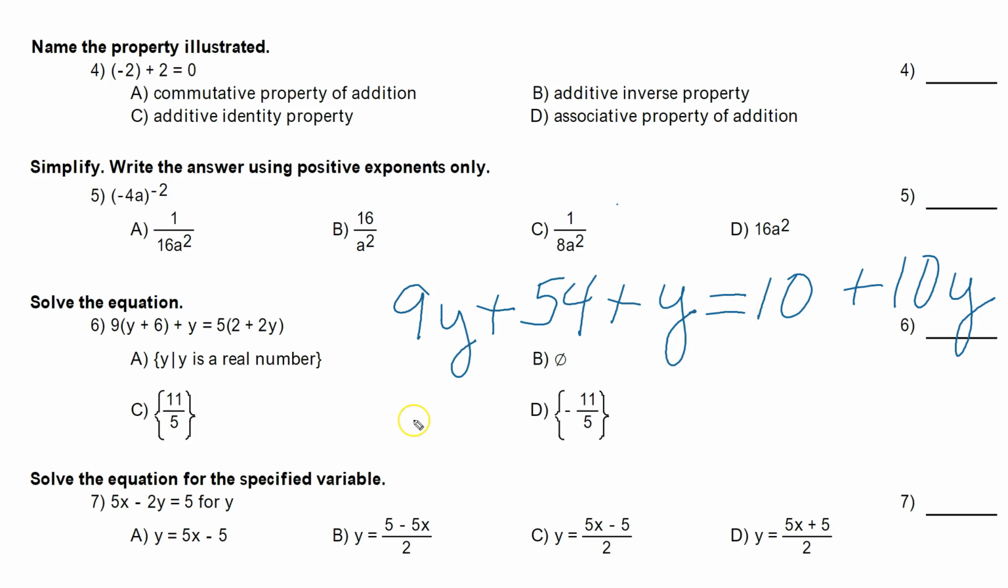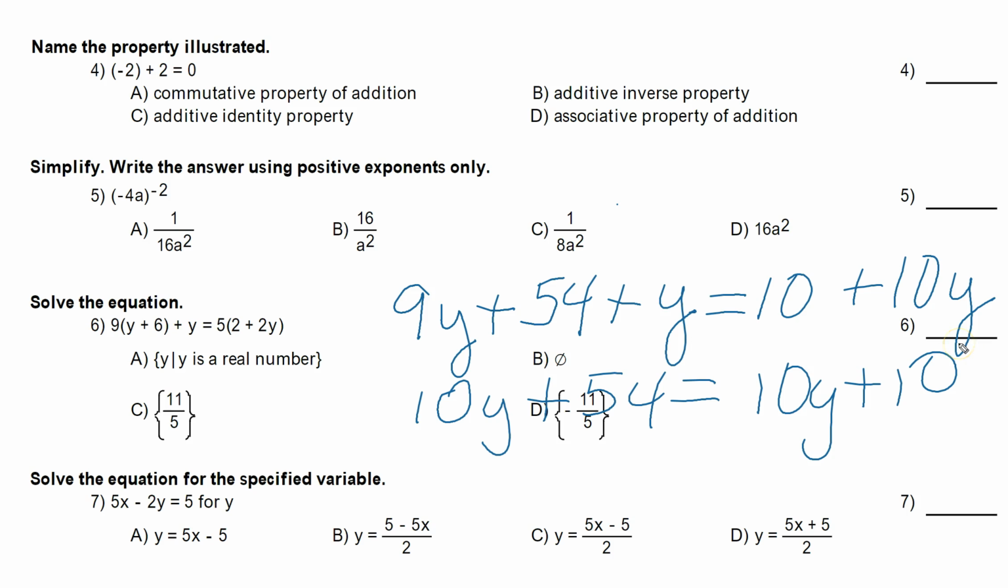Collect like terms, we get 10y plus 54 equals 10y plus 10.